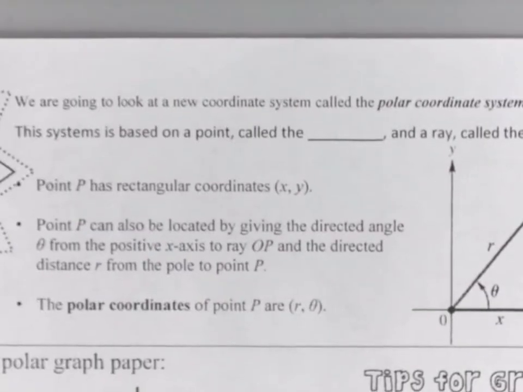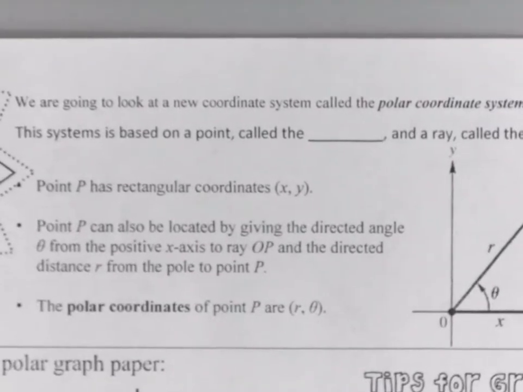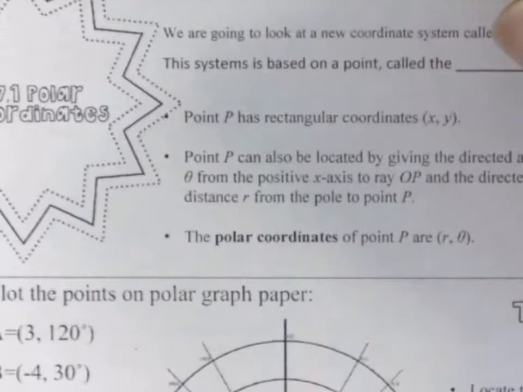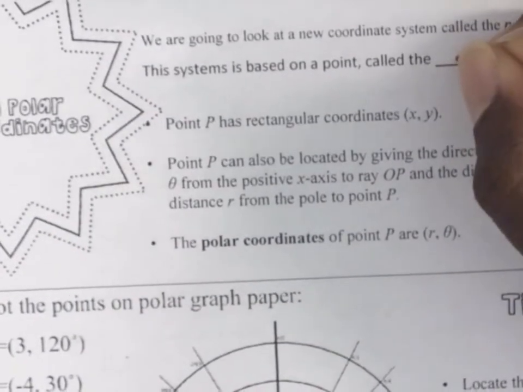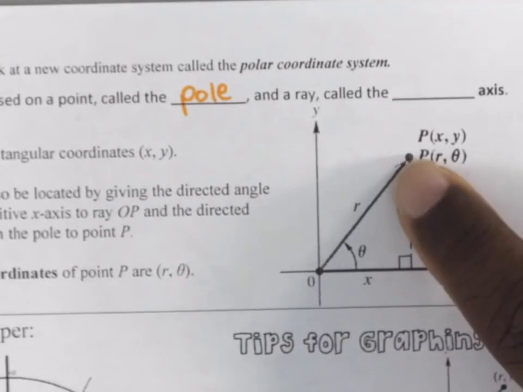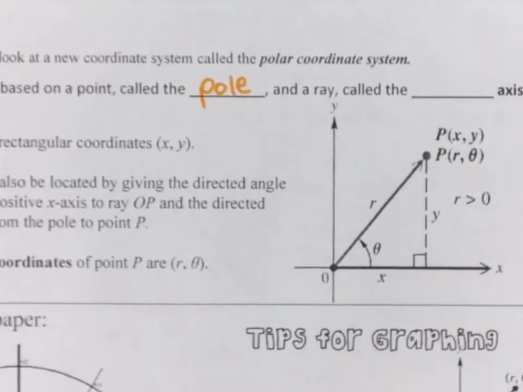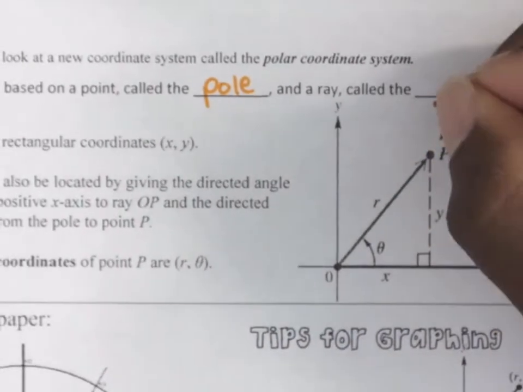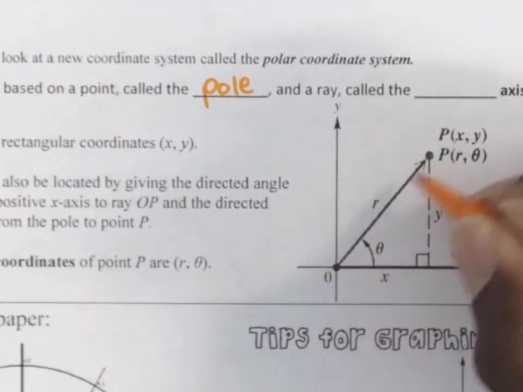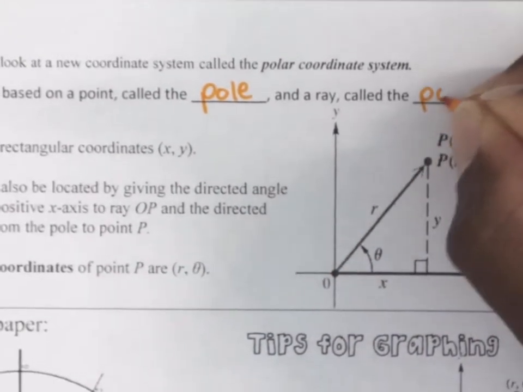Okay, so it's a new coordinate system for most of us. We call it the polar coordinate system. The system is based on a point called the pole, which is like where you end. And it has a ray, which is like the length here, which we call the polar axis.